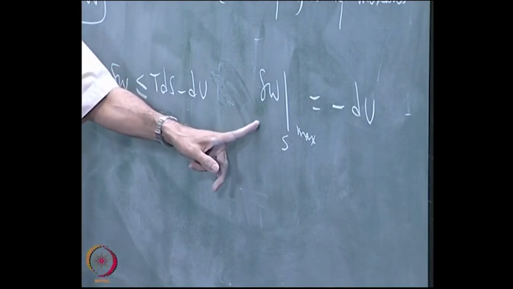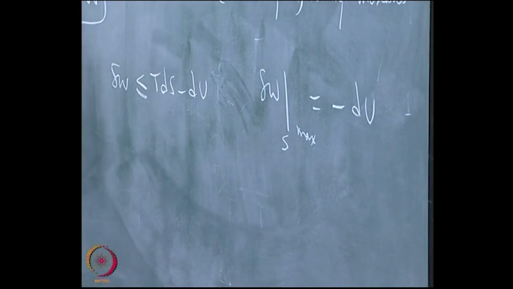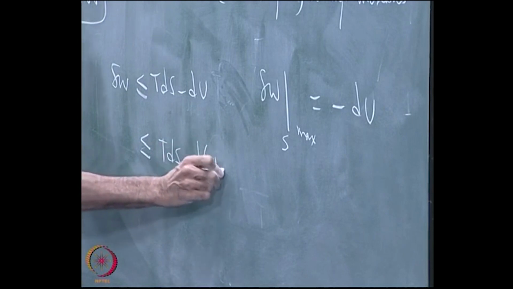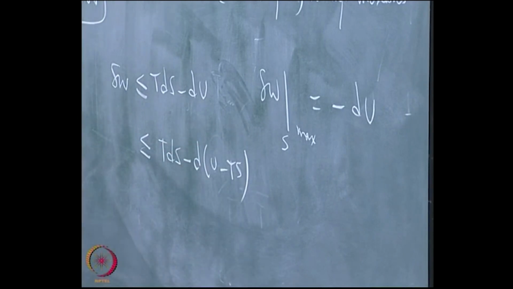But if I know a system goes from state 1 to state 2 and I know the difference in the internal energy, minus of that is the maximum work I can get out of the system at constant entropy. But this is not the most useful way of writing it.